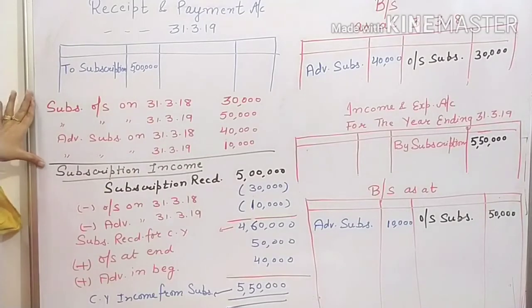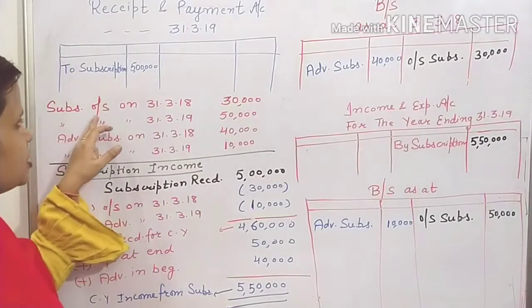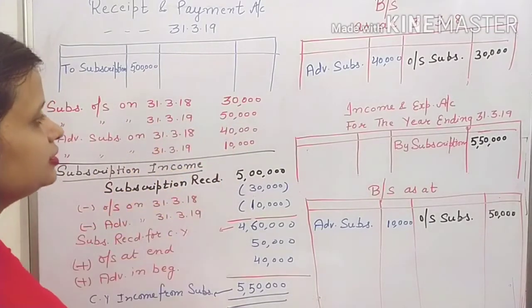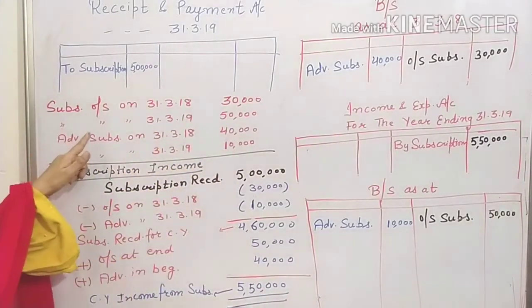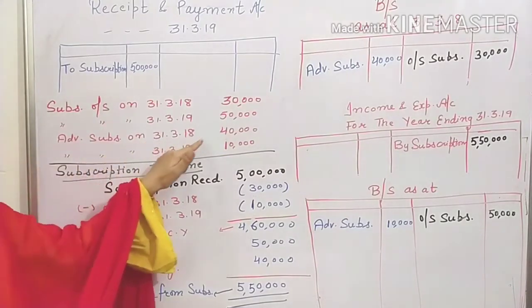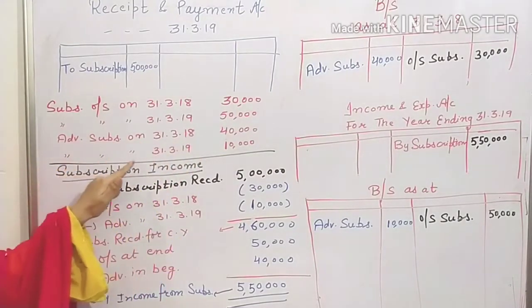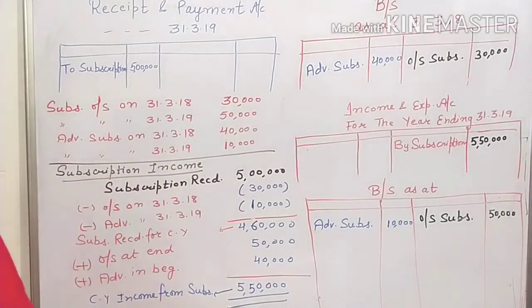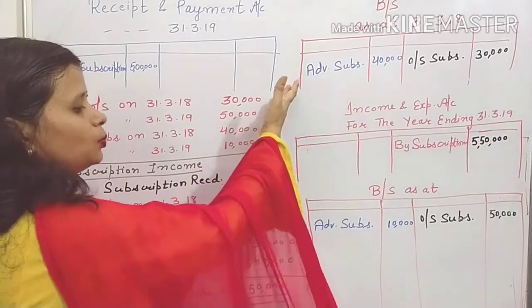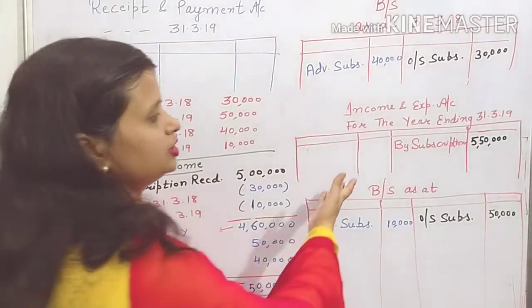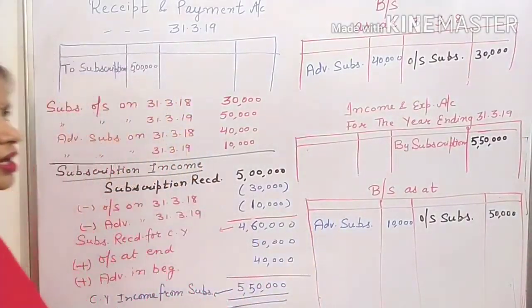Along with this, additional information is given: subscription outstanding on 31st March 2018, 30,000, and similarly outstanding at the end, advance subscription in the beginning, and advance subscription at the end. You are required to show how much amount will be shown in the opening and closing balance sheet and how much in the income and expenditure account.